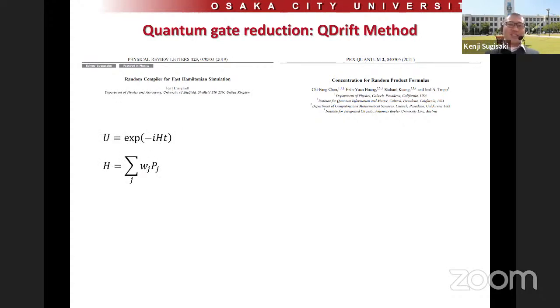Let us think about the time evolution operator under the Hamiltonian. The Hamiltonian is written as a linear combination of Pauli strings, and w_j corresponds to the coefficients. First, we divide the time evolution time t into R segments.